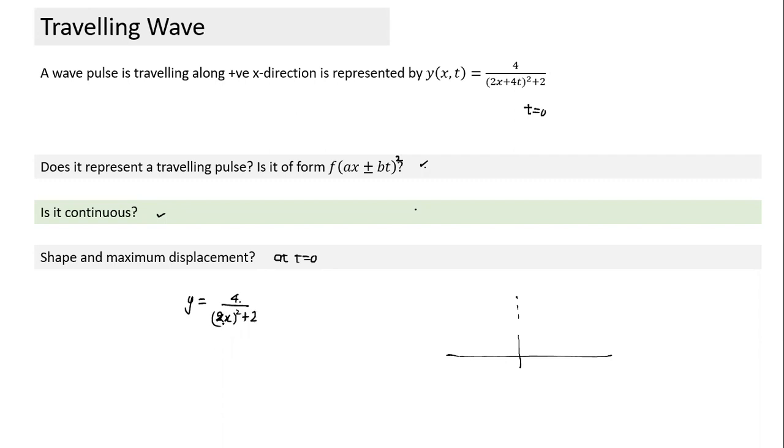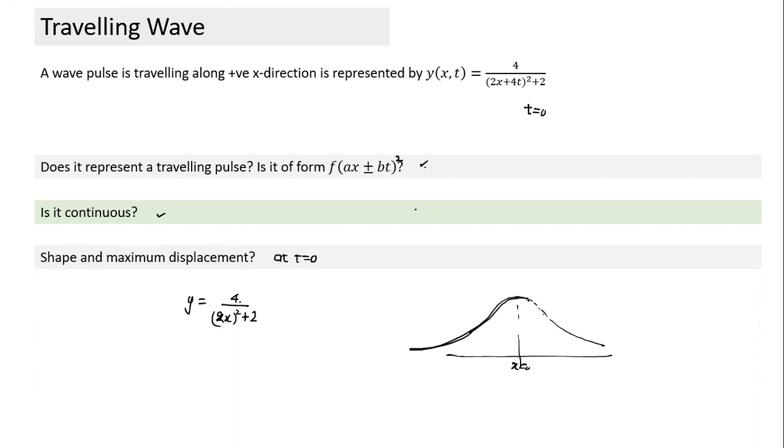So it will have a maximum value at x equal to 0, and that will be equal to 2. From there, on both sides, you notice it's a symmetric function. As x keeps increasing, the denominator keeps increasing, and y keeps decreasing. It will have something of this shape. So this is the kind of wave shape.